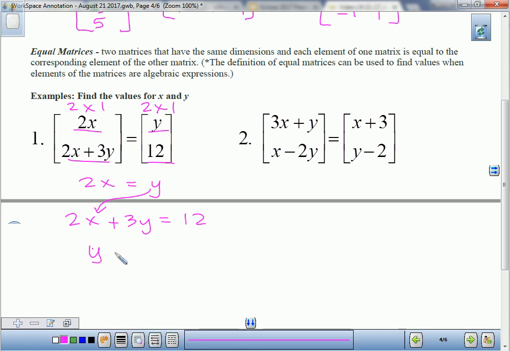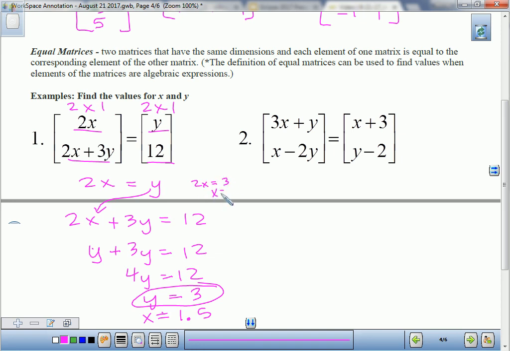So we get y plus 3y equals 12. So 4y is 12 and y is 3. So what is x? X is 1.5 or 3 halves. Well, because we just solved to find that y equals 3, 2x would equal 3, so x equals 3 halves or 1.5.